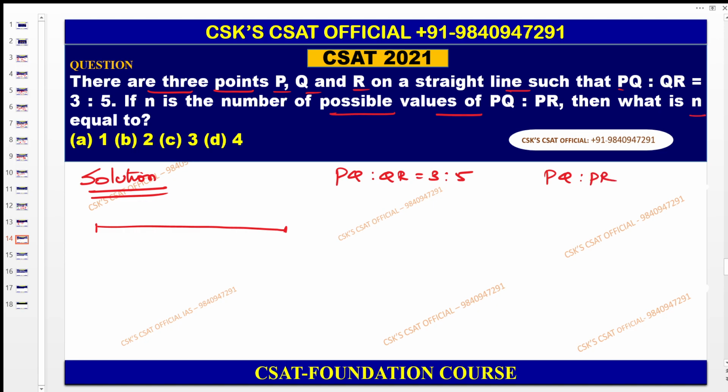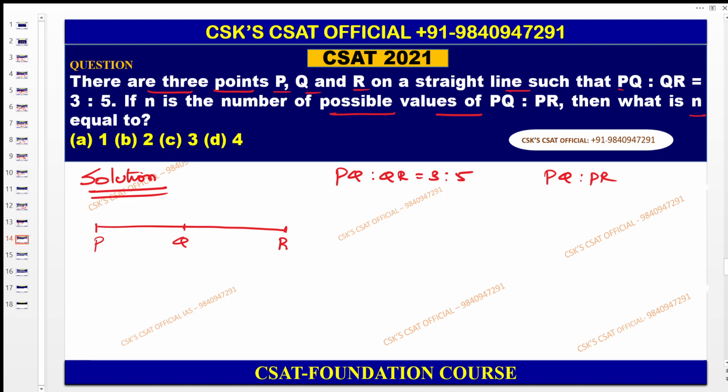They never mentioned the order of P, Q, R. They just mentioned P, Q, R on a straight line. We have to put orders here. So I am going to put Q in the middle. Let us check in this format.